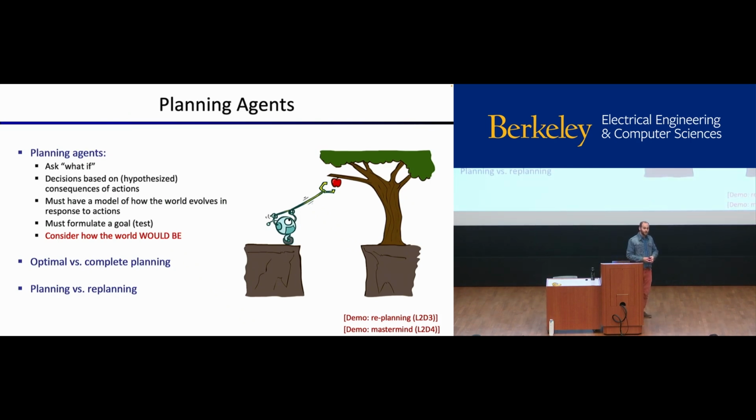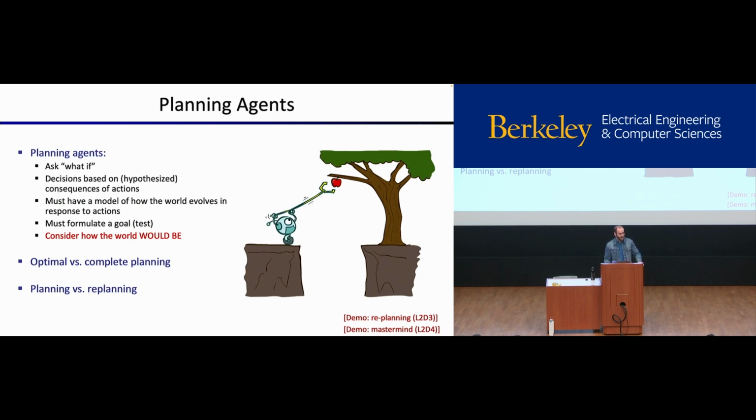So planning agents, on the other hand, ask what if. So it makes its decisions based on the consequences of its actions, or more particularly what it thinks the consequences of its actions will be. So it must have a model of how the world evolves in response to its actions. Otherwise, what do you do?